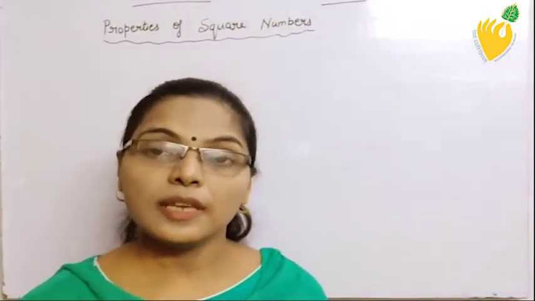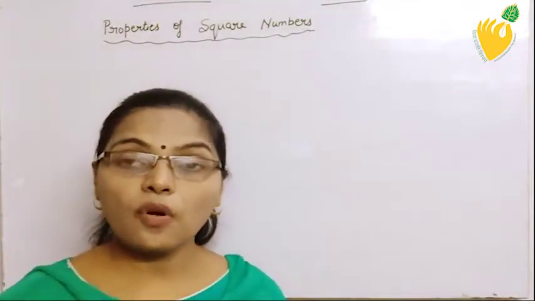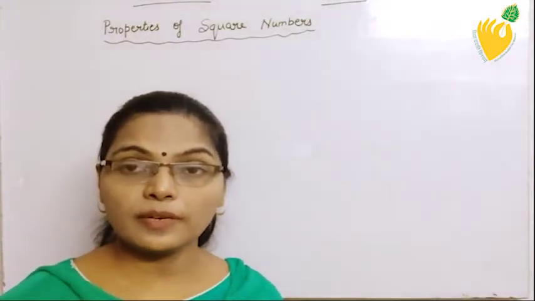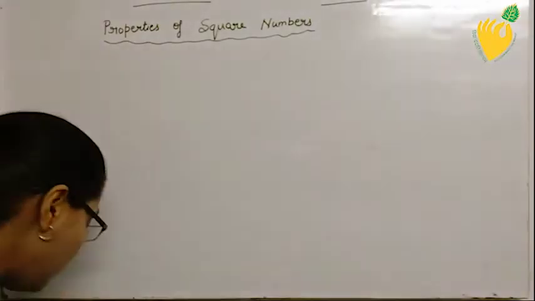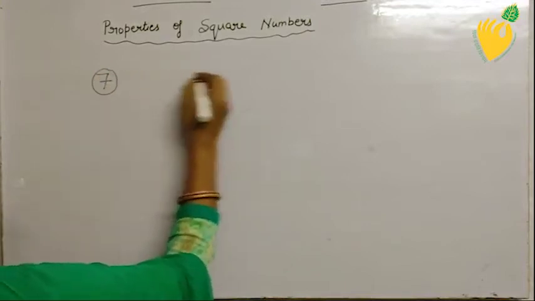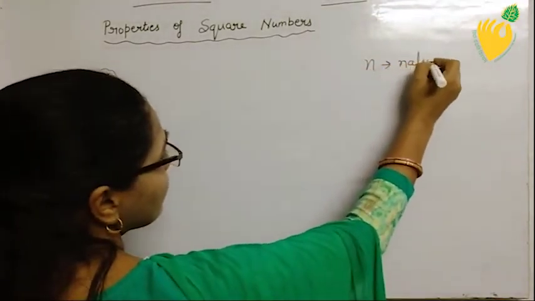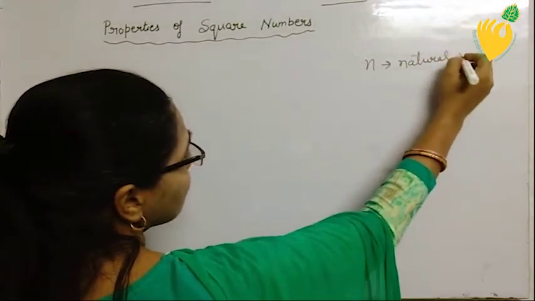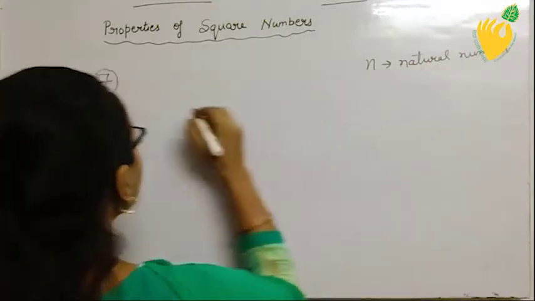Now see, students, the next property. The difference of the squares of two consecutive natural numbers is equal to their sum. Let's see how. Suppose n is any natural number.